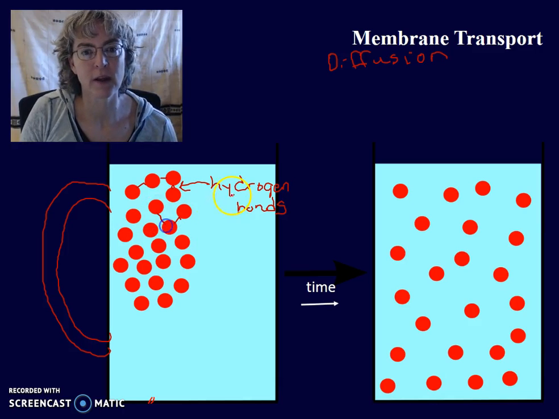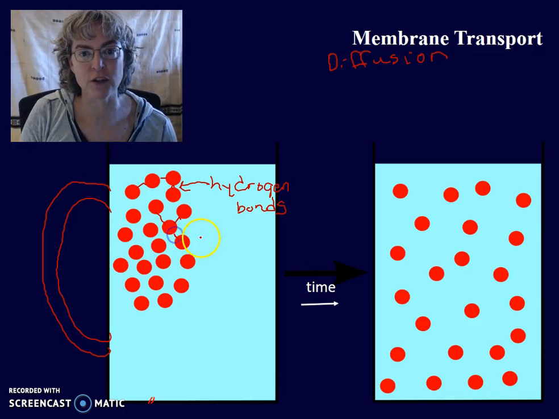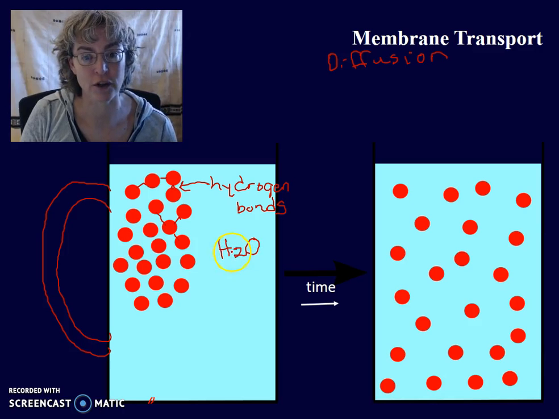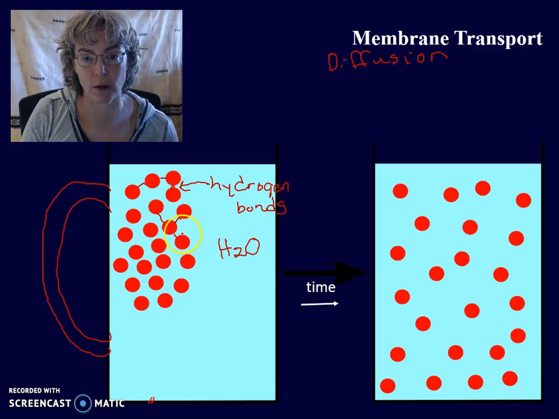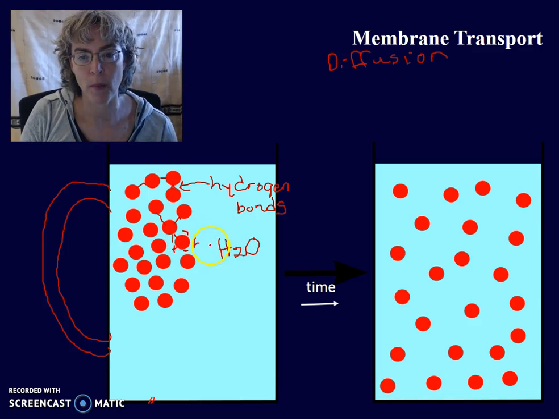So when you put the sucrose crystals into water, they dissolve because the water molecules out here are polar. They have charges. Our sucrose molecule also has lots of charges all around. And the water molecules bond onto the sucrose molecules.